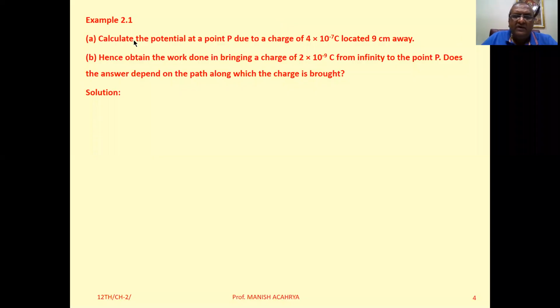Example 2.1. A. Calculate the potential at point P due to a charge of 4 into 10 raised to minus 7 coulomb located 9 centimeter away. B. Hence obtain the work done in bringing a charge of 2 into 10 raised to minus 9 coulomb from infinity to the point P. Does the answer depend on the path along which the charge is brought?